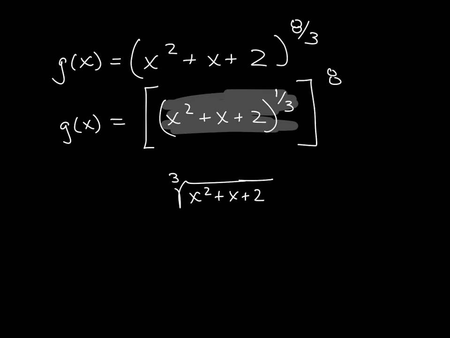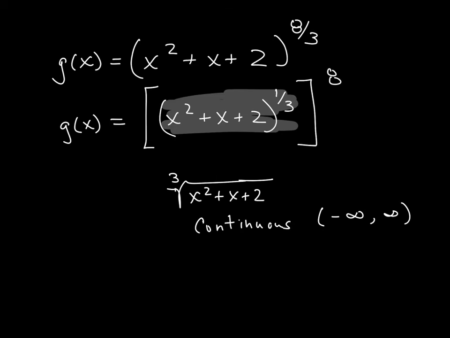Now, this is interesting because remember, whenever you have a cube root, this is fine. There are no points inside here that are going to give me a problem because you're allowed both positive and negative numbers underneath that cube root. So the inside function is continuous from negative infinity to positive infinity.